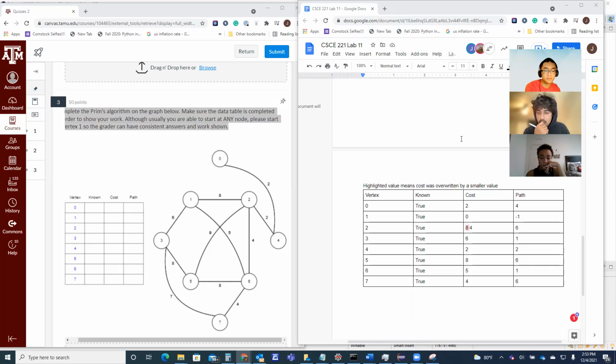I guess it doesn't matter which order I do it in. So then I go to 3. 3 isn't used anymore, so 6. 6 is connected to 7 by cost of 4. And then 6 is also connected to 2 by cost of 4.